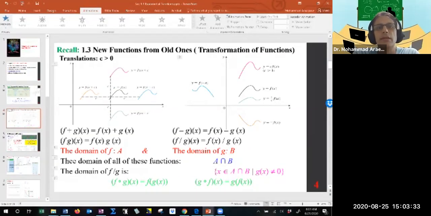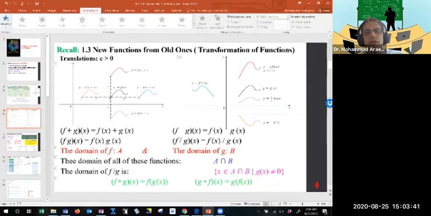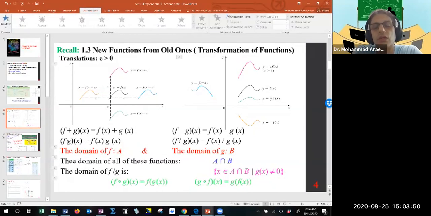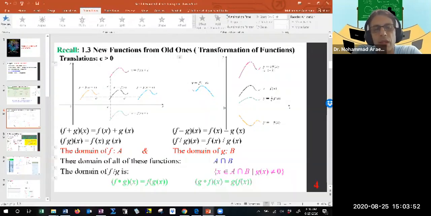Then we looked at the new functions from the old functions. We looked at algebra functions and the composite functions, and we looked at their domains, which was simply put the intersection of their domains in the case of each and every one of them.